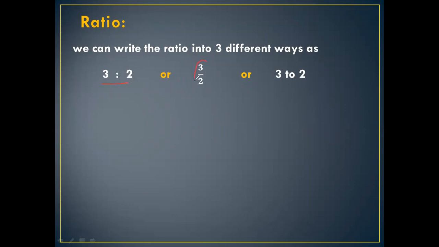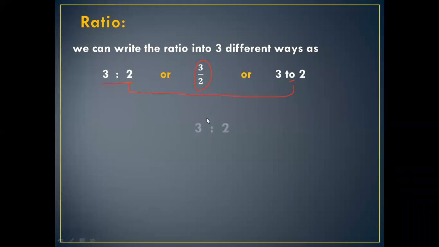Or we can write it as a fraction, 3 over 2, or we can express it as 3 to 2. This is the explanation for the first one. So we will write 3 to 2, or we can write it as a fraction.